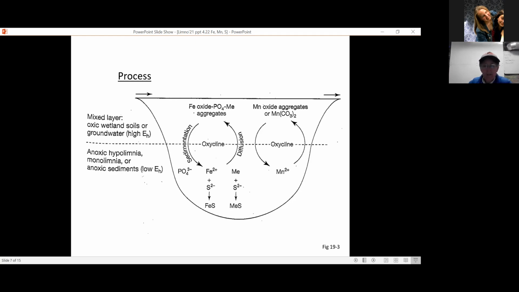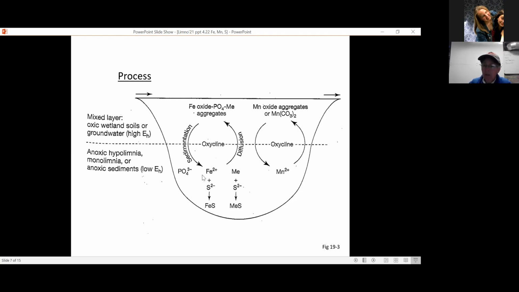It will bind to things and sediment. Chemical precipitation refers to the coming together of ions to form a solid. And then the falling through the water is called sedimenting. So we get iron minerals that precipitate and sediment down.